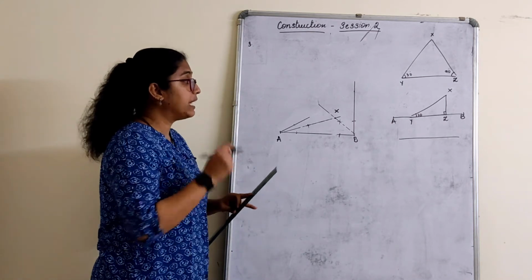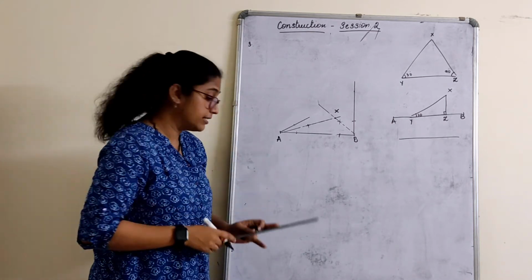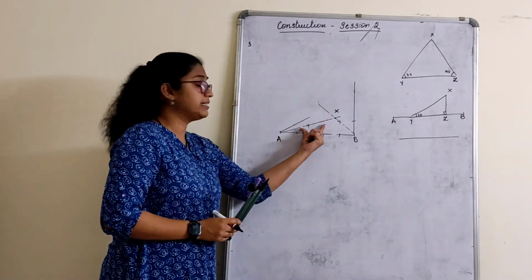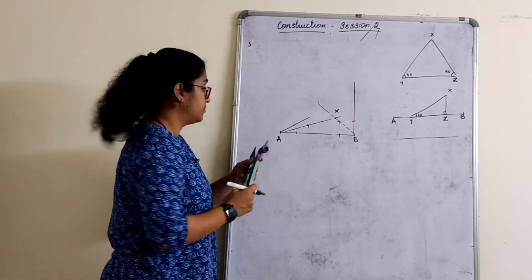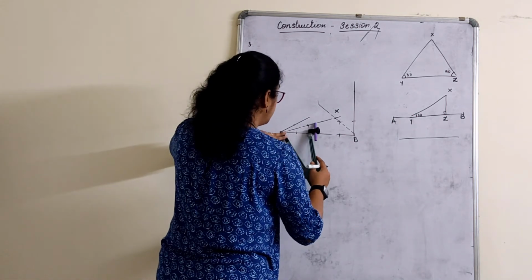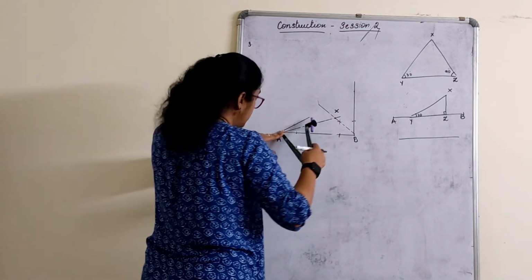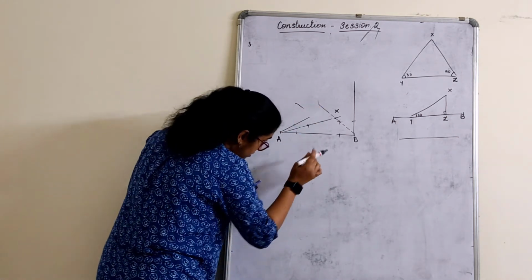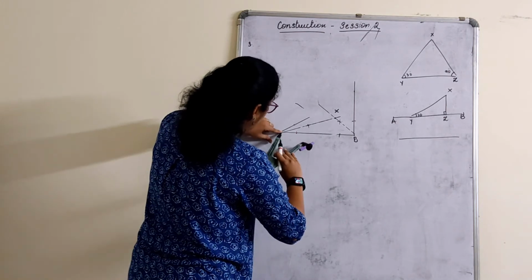Now, let us find the Y and Z points. How to find that? Draw a perpendicular bisector for AX. One by one we will do it. More than half, arc here. Arc here. I can't see the arc. I'll draw once again.